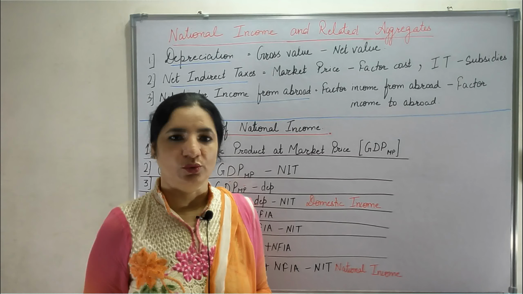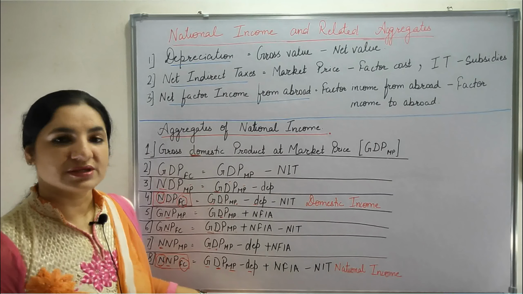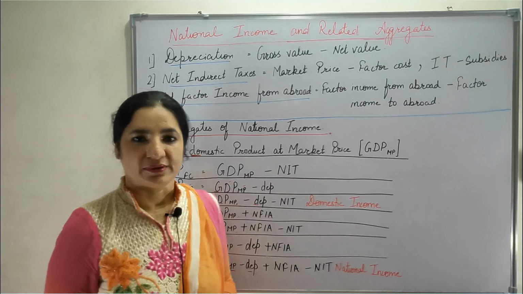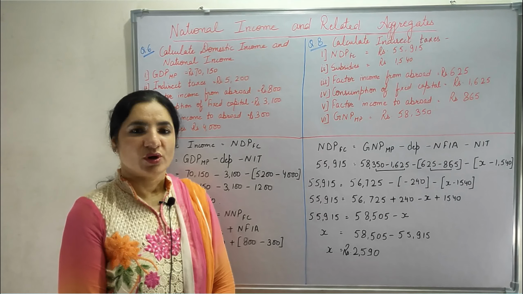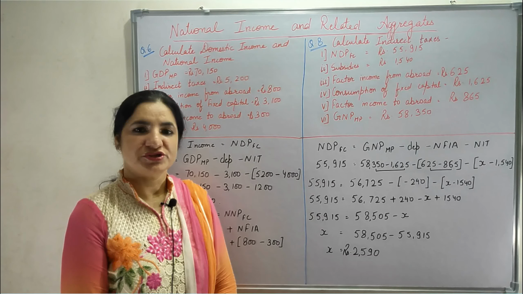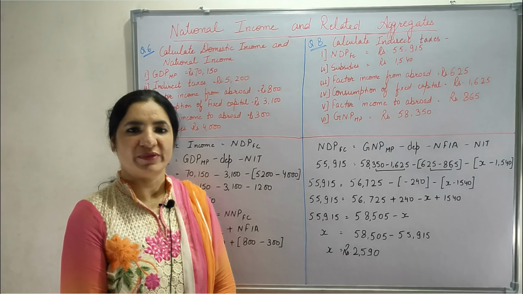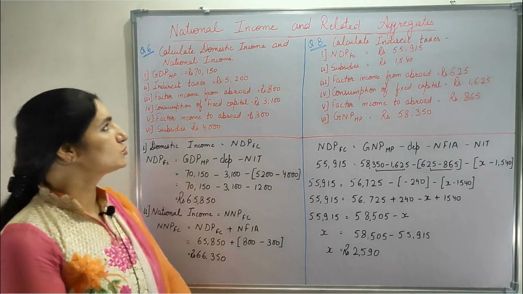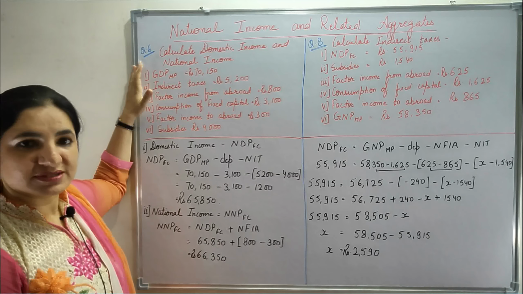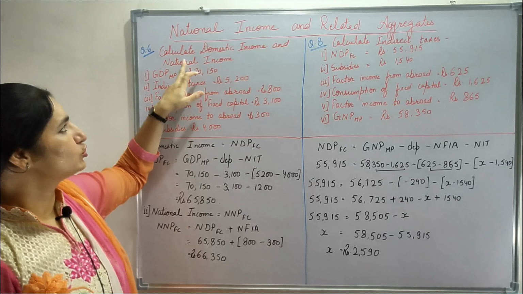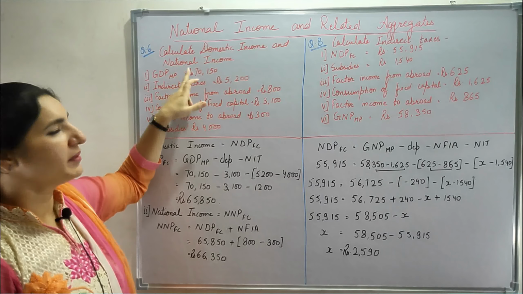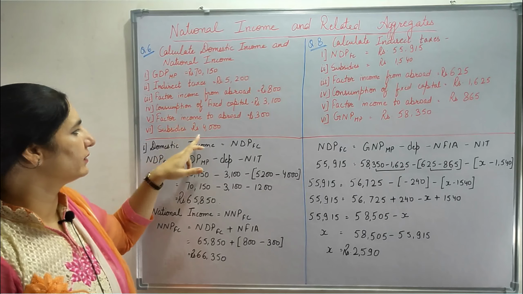Now I will explain the calculation of these through an example. So I am taking two unsolved questions from Sandeep Garg class 12 macroeconomics book. First, question number 6, in which you have to calculate domestic income and national income with the data given.